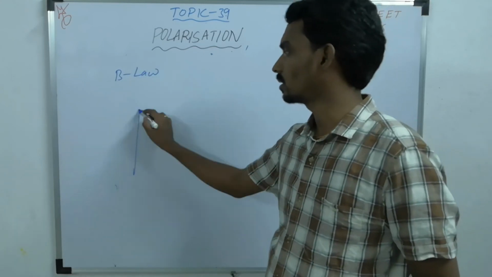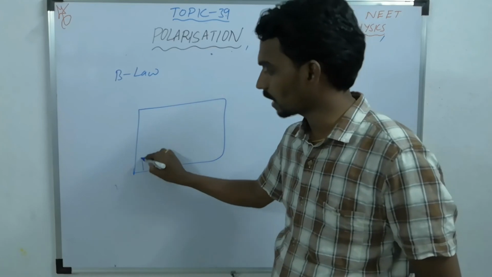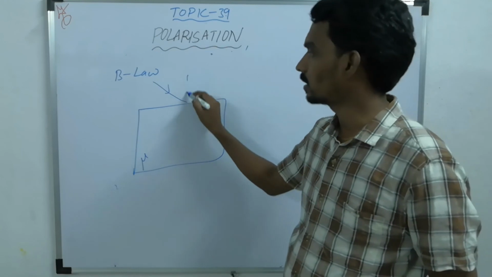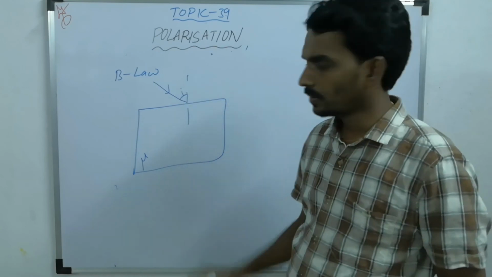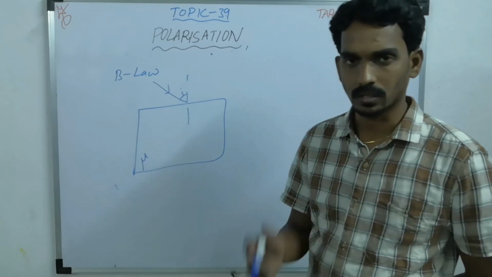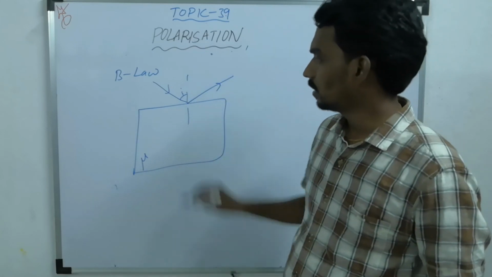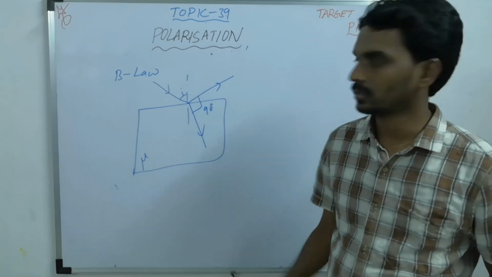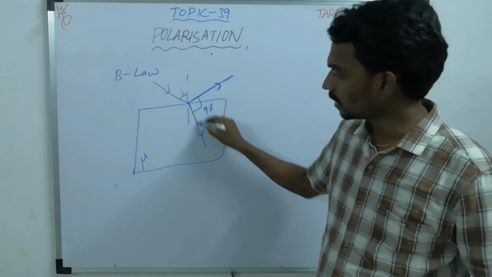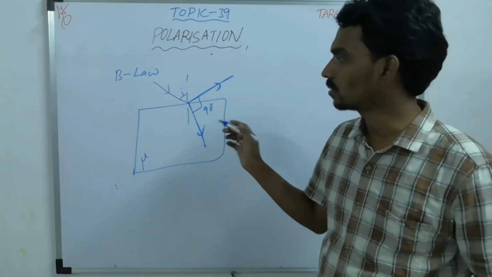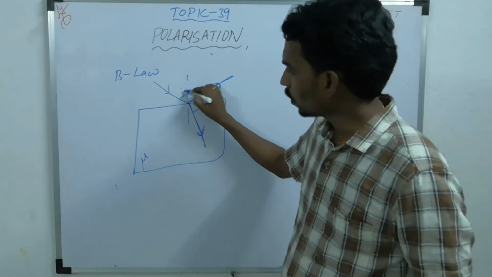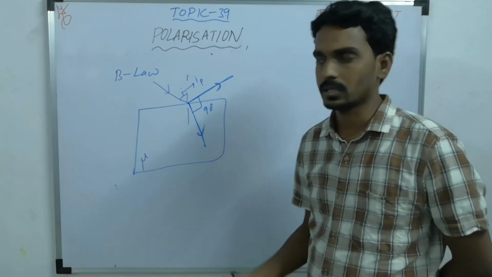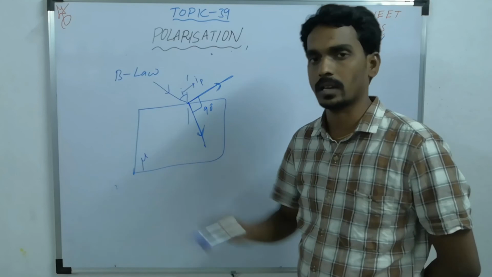It says: consider a material having refractive index mu, with light falling on it at some angle of incidence I. If you adjust this angle of incidence such that at one instant the reflected and the refracted rays both become 90 degrees to each other, the corresponding angle of incidence is called the polarizing angle, angle of polarization, or Brewster's angle.